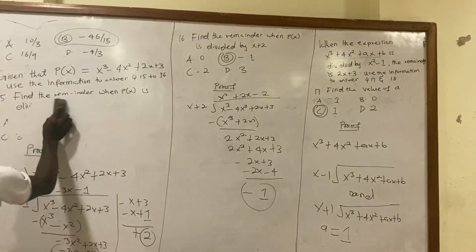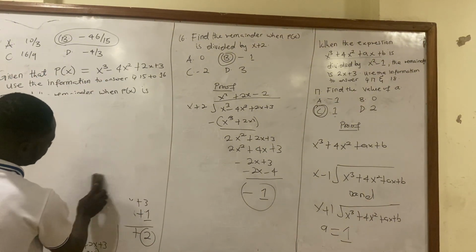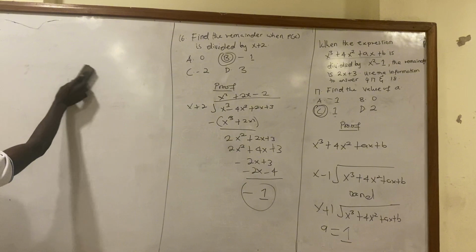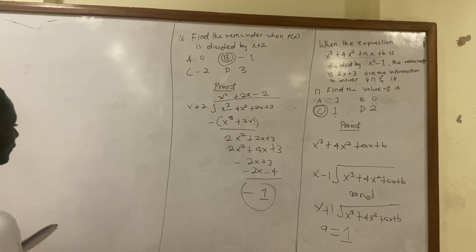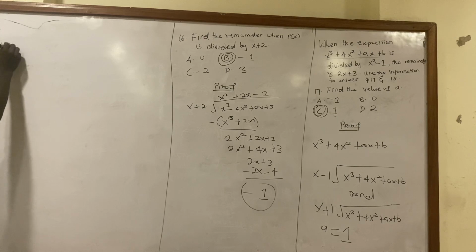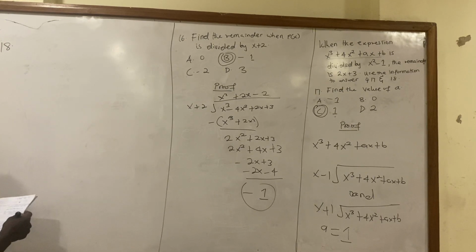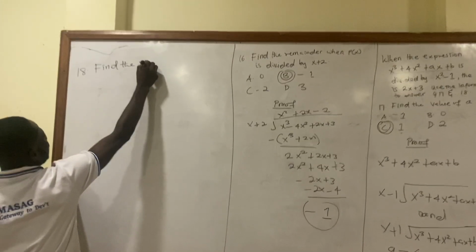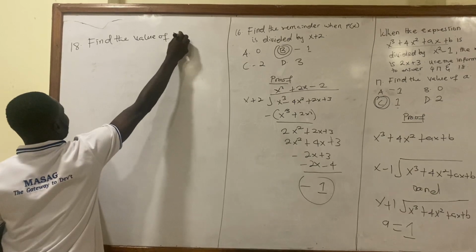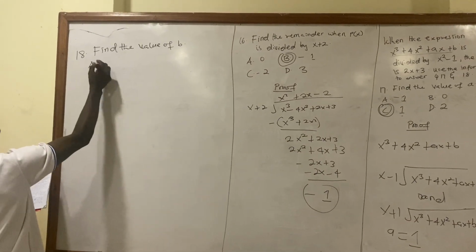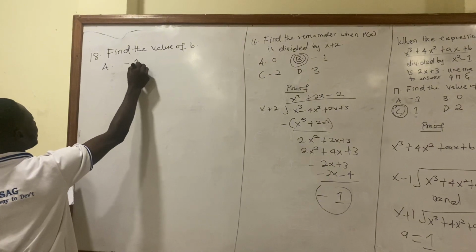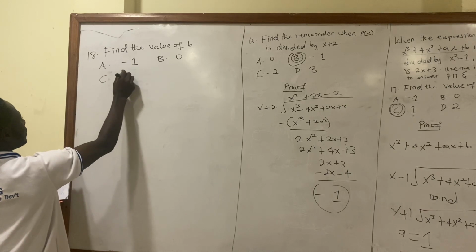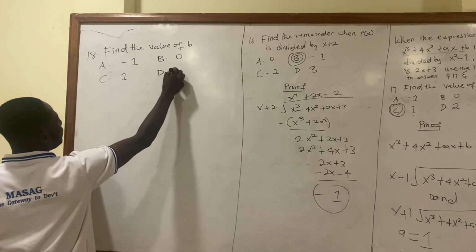Question 18. Section 5. Value of b. So the options here are A, minus 1, B, 0, C, 1, and D, 2.